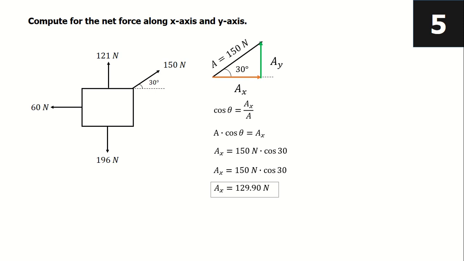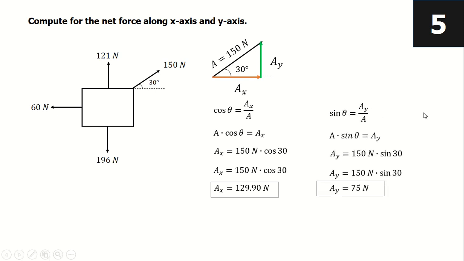Multiplying both sides by A, you cancel A on the right side of the equation, and there will be an A appearing on the left side. So A times cosine theta. Your A is 150 newtons, and your theta is 30 degrees. Multiplying this leads to an answer of 129.90 newtons, which is your A sub x.